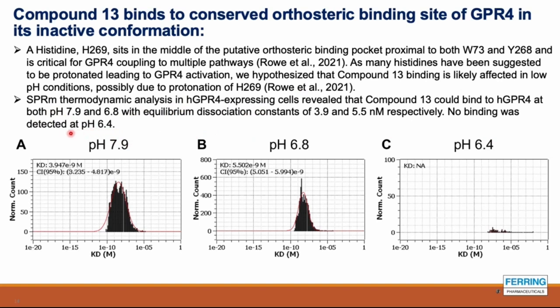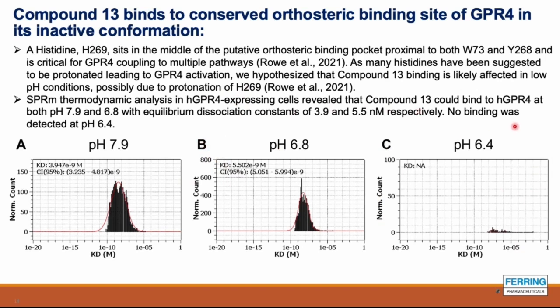And you can see that at pH 7.9 and 6.8, we do see significant binding events with estimated KD between 3.9 and 5.5 nanomolar, which is in line with our functional data. But interestingly, at pH 6.4, we failed to measure significant binding events.